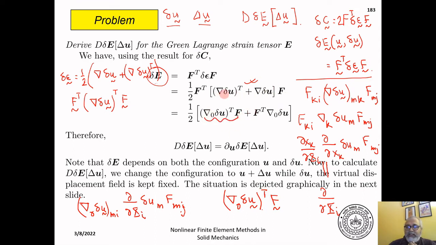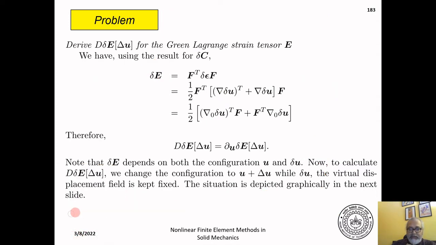Okay, let's look at the second term. Let's erase this. Let's look at the second term. The second term is F transpose times the gradient of δu. Again, if you convert it into indicial notation, the ijth component will be F_ki, then nabla δu_km F_mj.